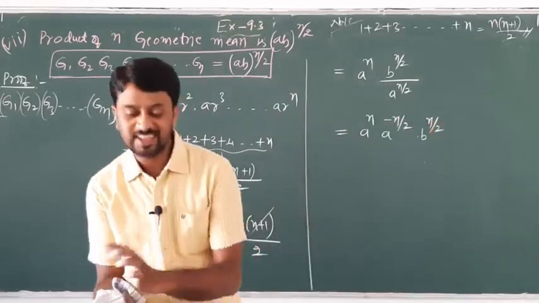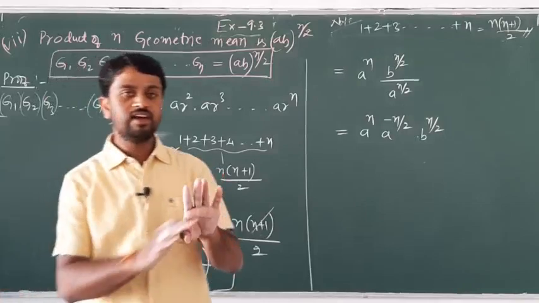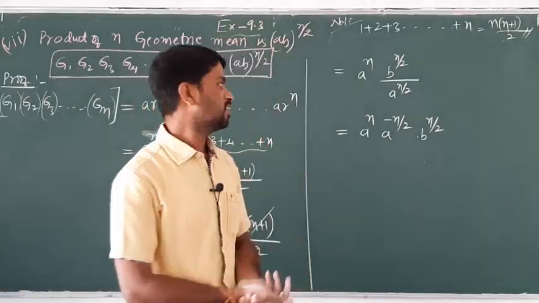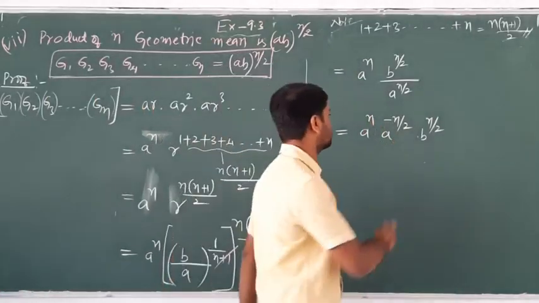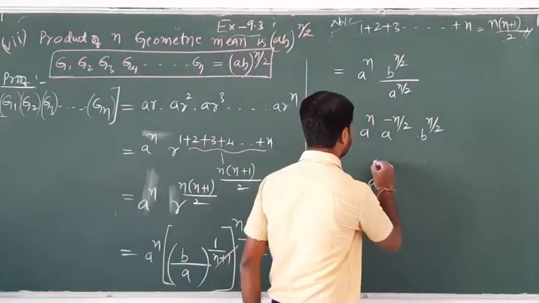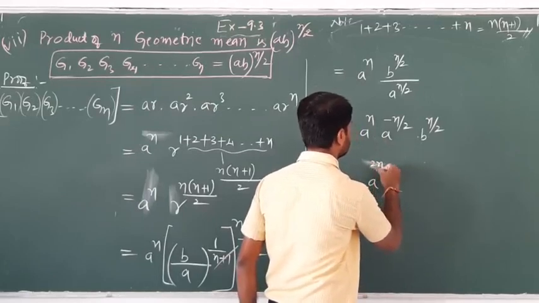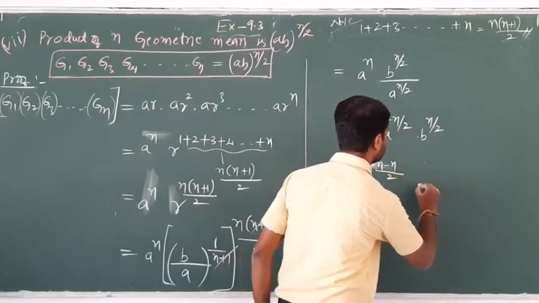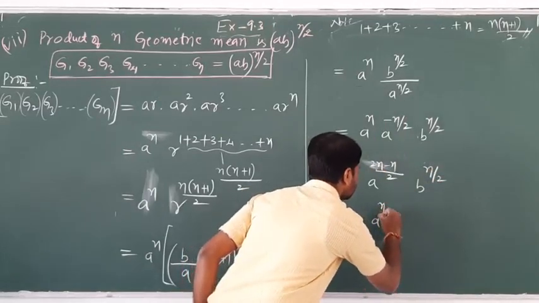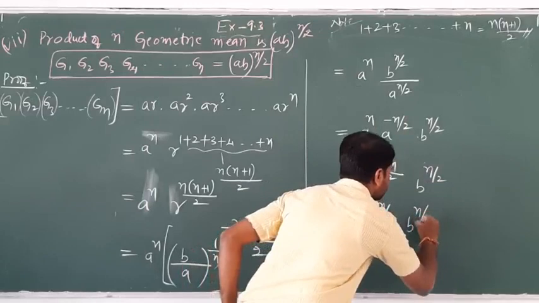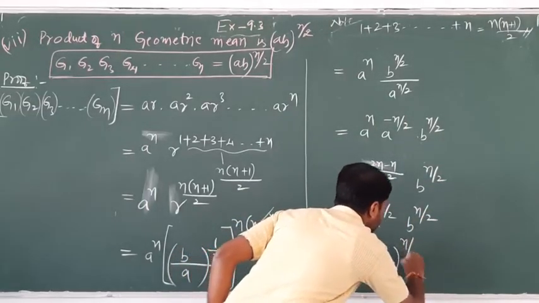The simple logic: the total is full, and if you remove half, what remains? Half only. Here n minus n by 2 is nothing but n by 2. So A power of (2n minus n) divided by 2, therefore n by 2 only. B power of n by 2, therefore A power of n by 2, B power of n by 2, therefore (A into B) whole power of n by 2.